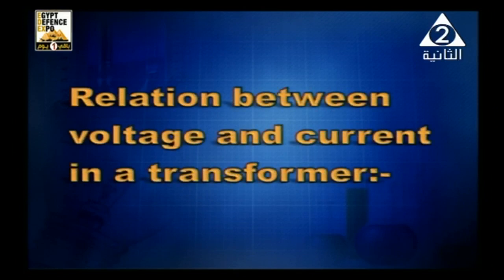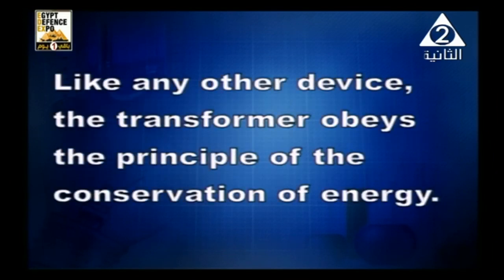And now talking about the relation between voltage and current in a transformer. Like any other device, the transformer obeys the principle of conservation of energy. The formula that gives energy is VIt. Power is VI.